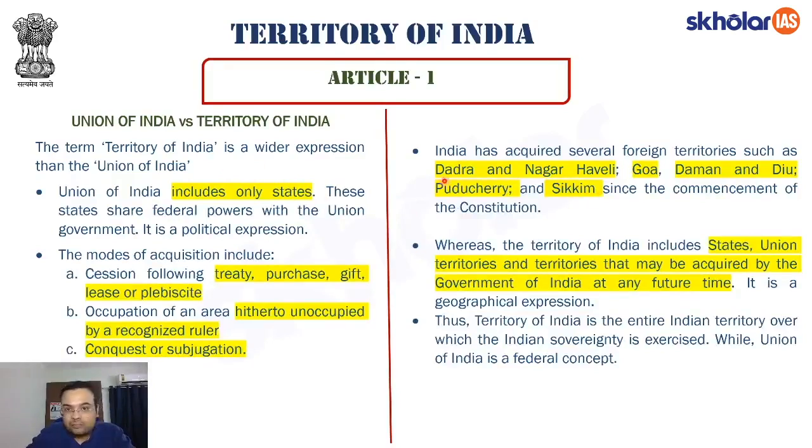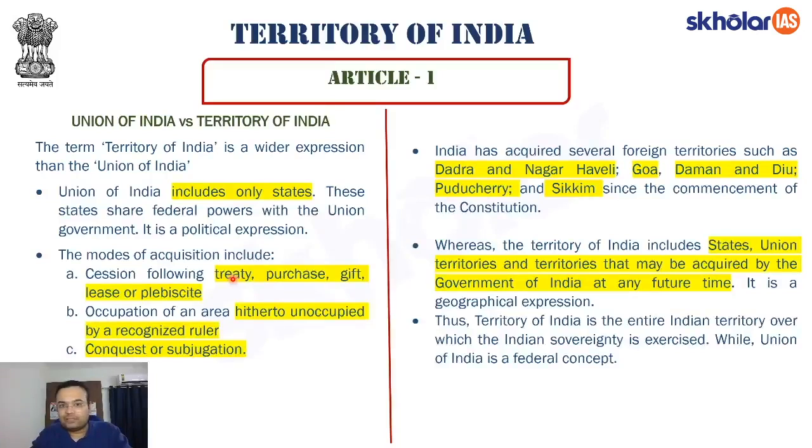What exactly are the modes in which the Government of India can acquire a territory? We have already discussed them here. It can be a treaty, purchase, or gift by another country. It could be on the basis of lease or plebiscite, that is, the people of that state want to become a part of India, a plebiscite is held, and then that part becomes part of India. Something of a similar sort happened with respect to Junagadh territory.